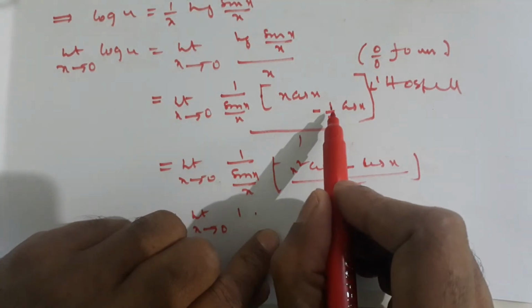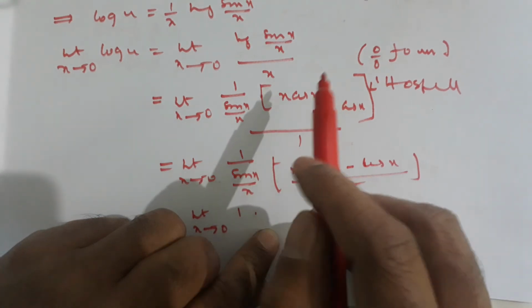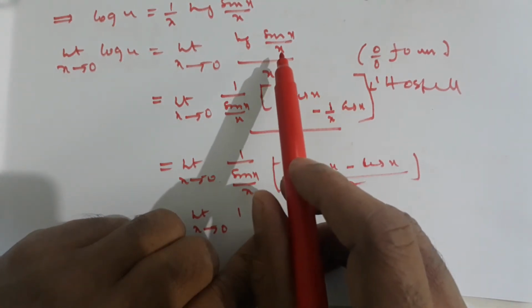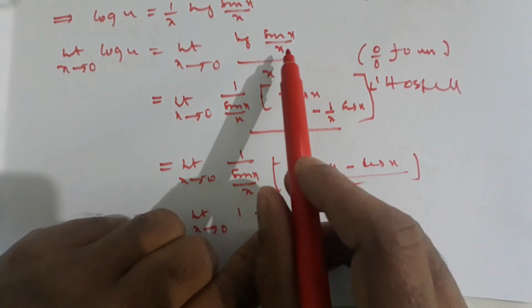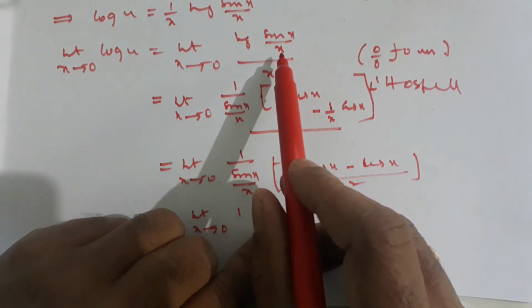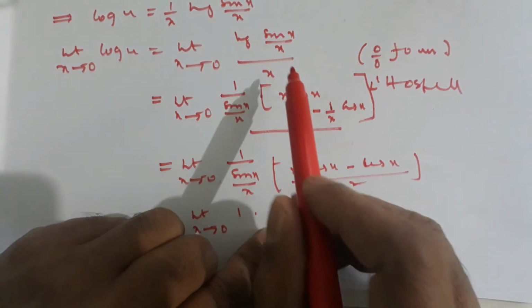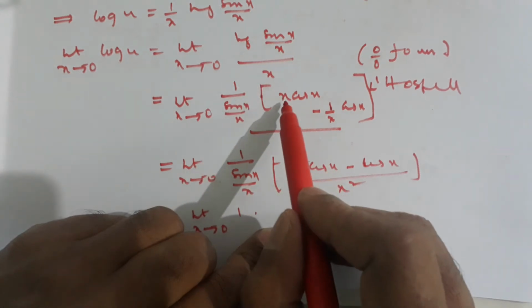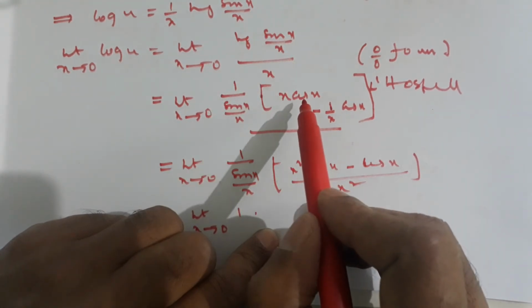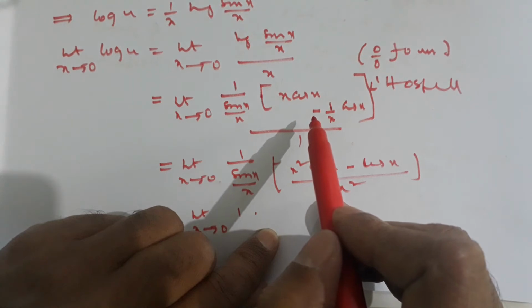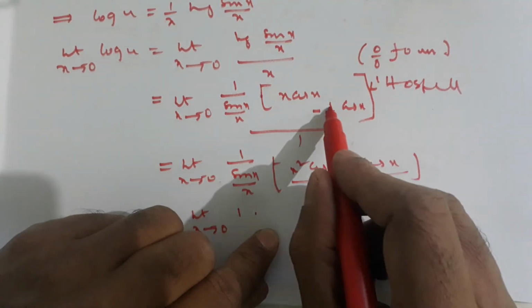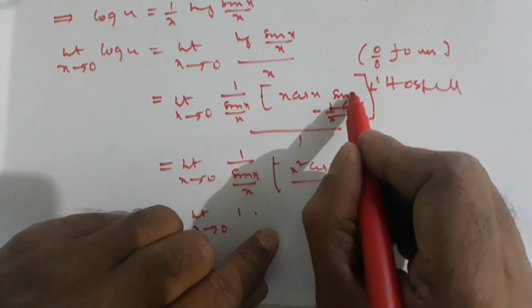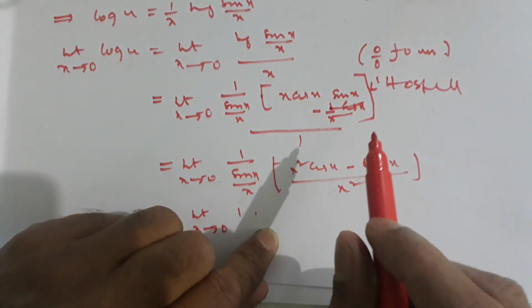Here we made a little change, because sin x by x can be differentiated directly. So x into the derivative of sin x is cos x, minus sin x times the derivative of x, which is 1.